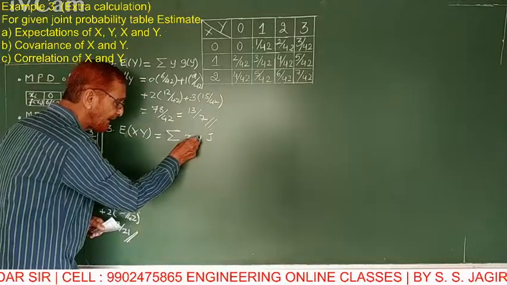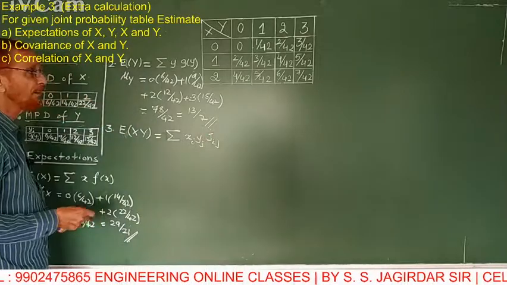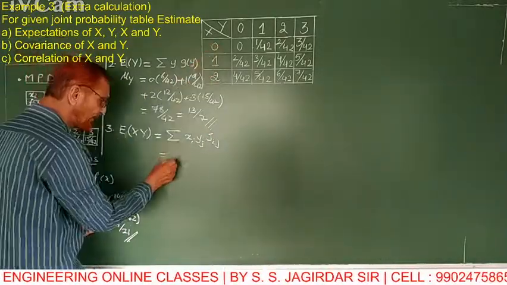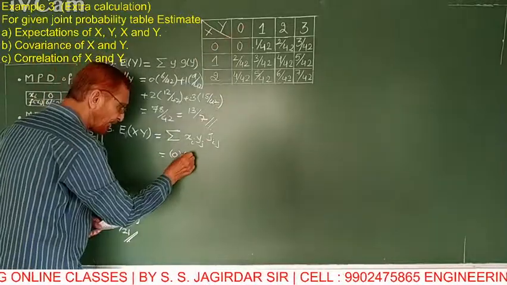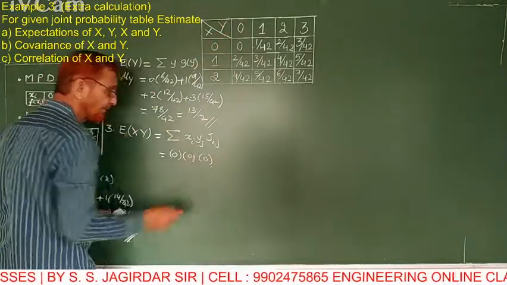That is, if you take xi, yj, pij. So for this table you have to refer. First we will take x value is 0 into y value is 0. For 0, 0 it is also 0.